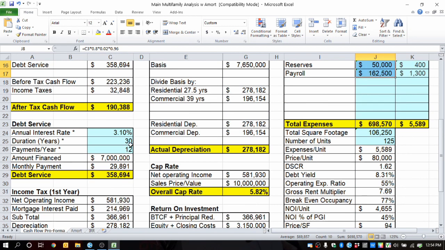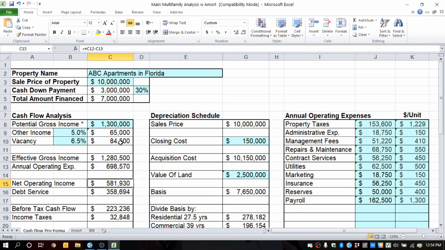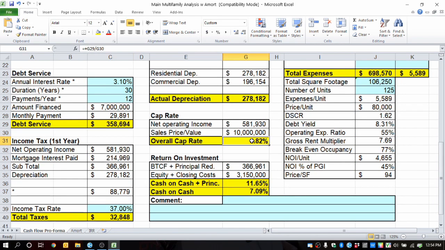Our debt that we're going to use is a 3.1 rate, 30-year amortization, and that kicks out debt service of $358,000. So you have a before-tax cash flow of $223,000, right? Now, the net income divided by this purchase price is a 5.82% cap rate.